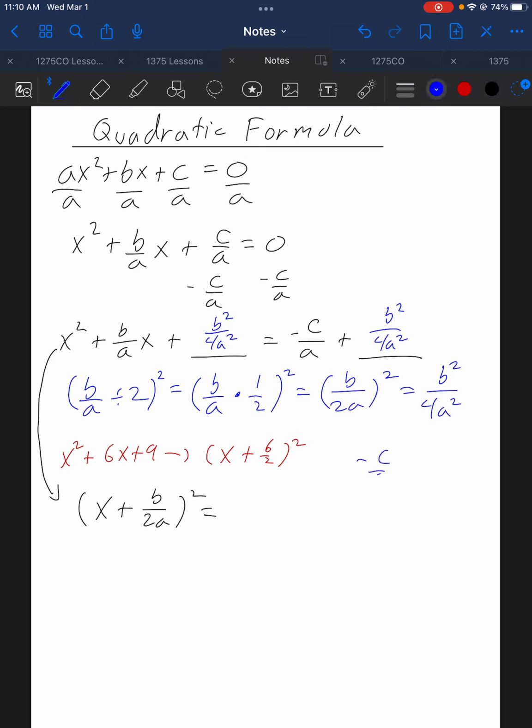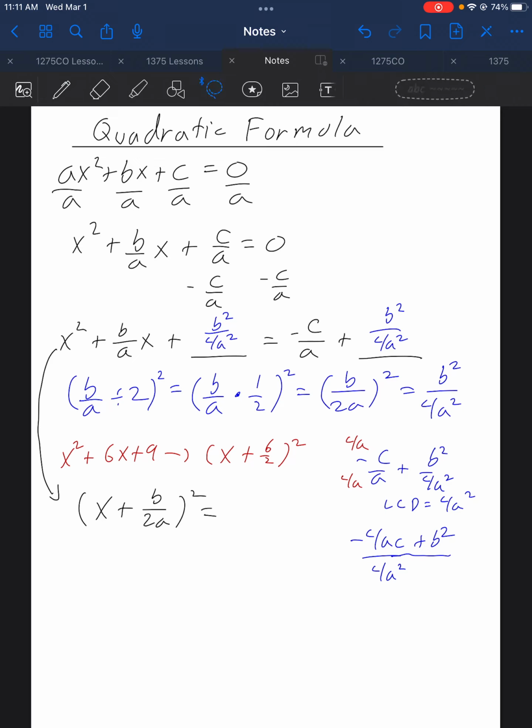So negative c over a plus b squared over 4a squared is going to have an LCD equal to 4a squared. So that's going to be 4a times this denominator and 4a times that numerator. So 4ac over 4a squared, this is a negative, plus b squared on top, and that's going to be 4a squared on bottom.